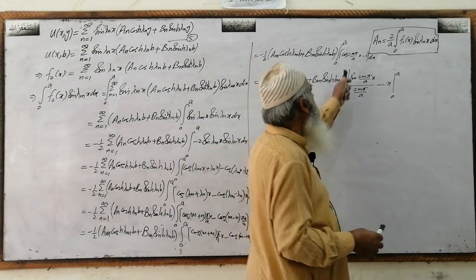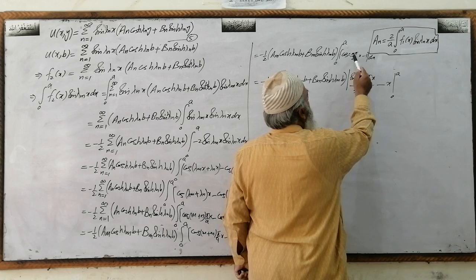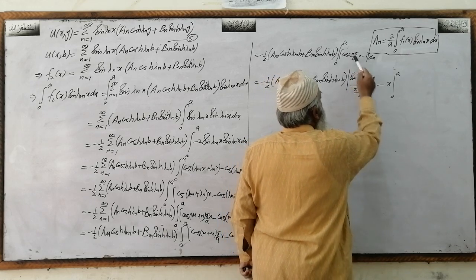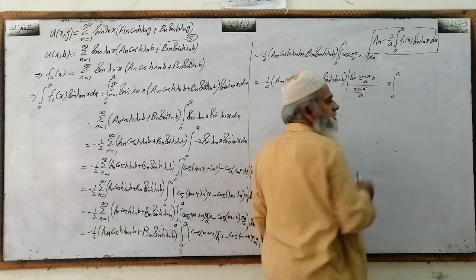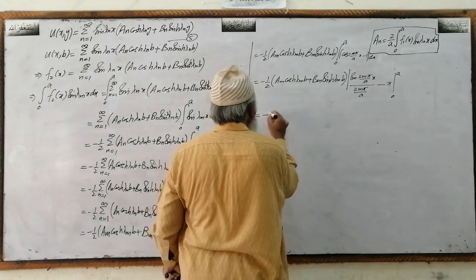Once again I repeat, the integration of cos is sine, and you have to divide by the derivative of the angle, and then 1's integration is x. Now we have to apply the limits, upper limit minus lower limit.